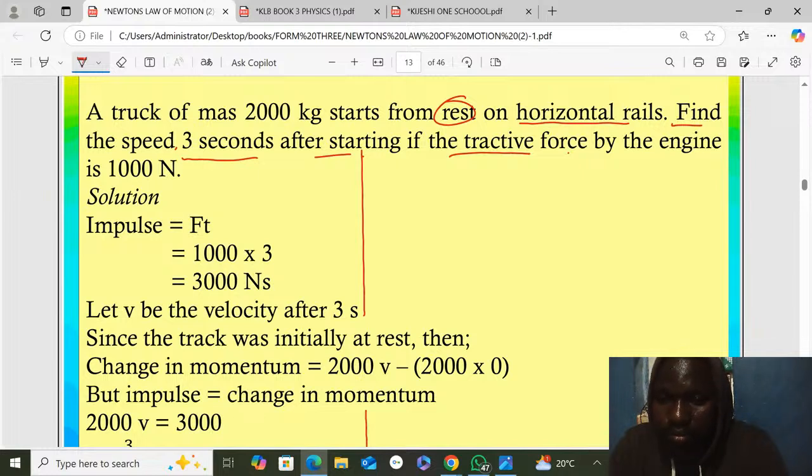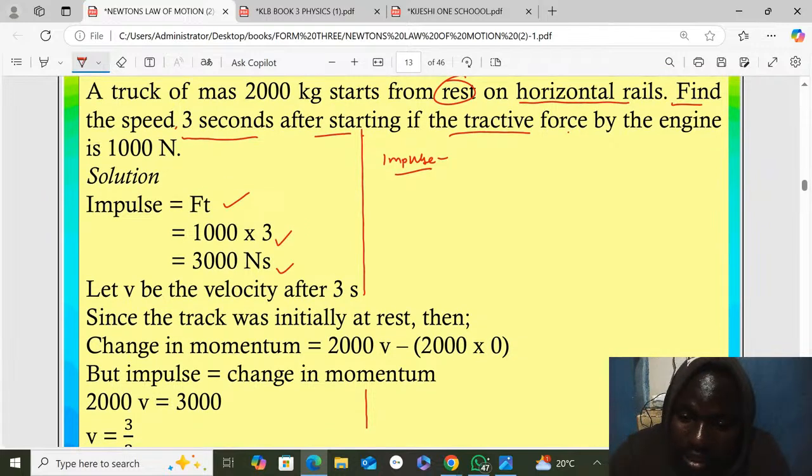So we can first look at the impulse. That is force times t, and we arrive at 3000.